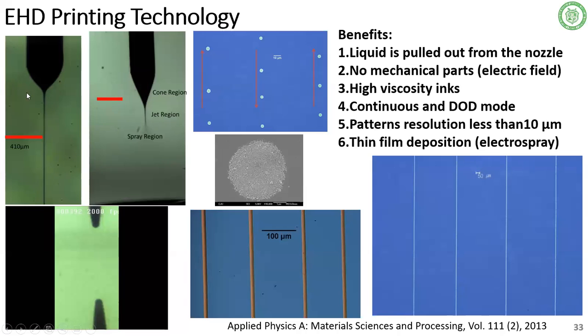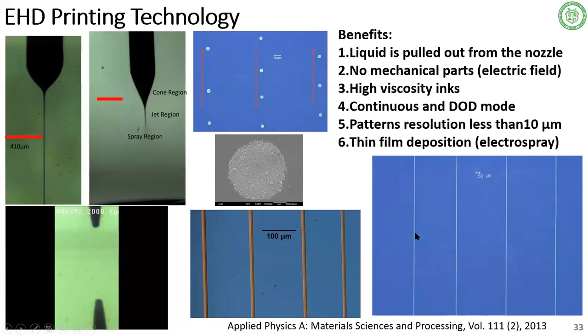The advantage is that this nozzle is 410 micrometer, and the jet size is very small. You can also use it for spray deposition. These are a few examples from my research. This droplet size is less than 5 micrometer, and this is a pattern of copper.